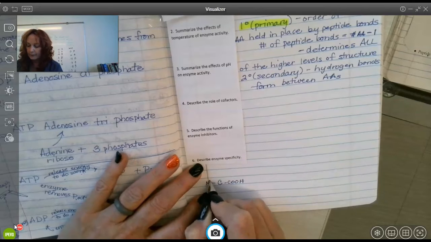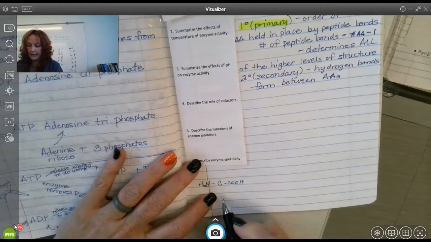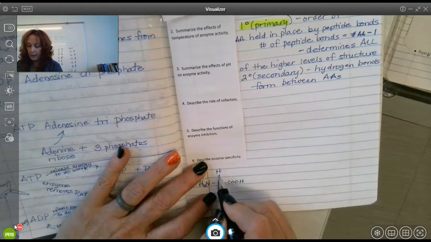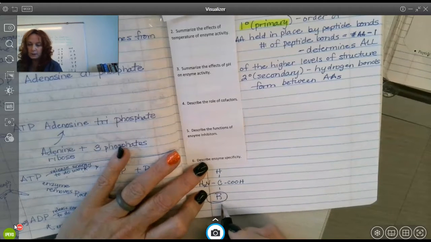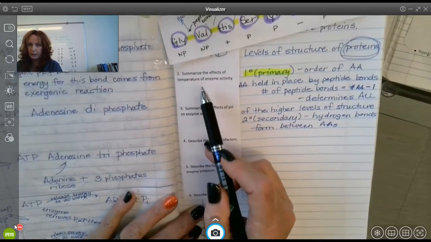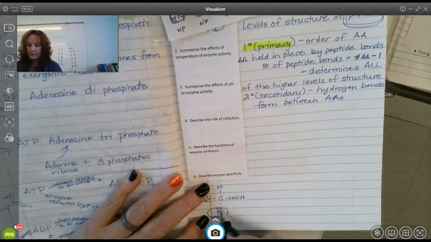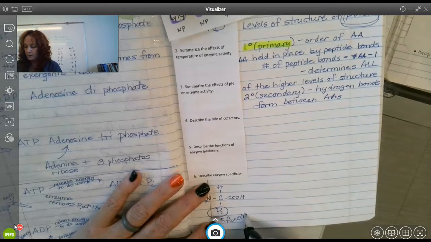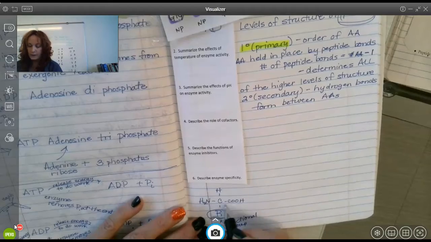You're going to have an amine side. Then you'll have a third carbon, a third hydrogen at that third spot for the carbon. And then this is the part that changes to make the difference between a glycine, a valine, a histamine. This is what gives the properties. So this is where the functional groups go. The functional groups give the amino acid its function. All the rest of this stays the same.